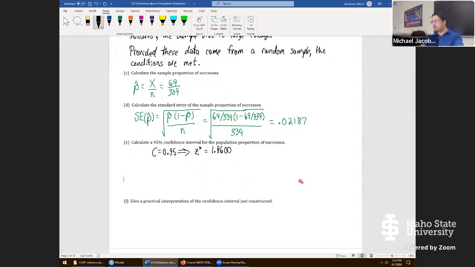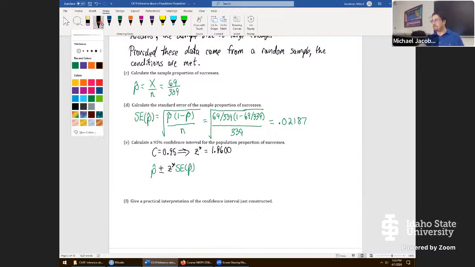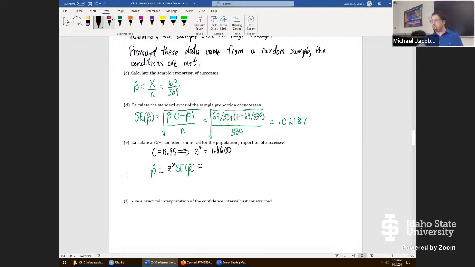So now the formula for the confidence interval will go P hat, add or subtract the critical number Z star multiplied by the standard error of P hat. So just about there. Now we're just doing a bunch of substitutions. For the first term, 69/339, which we're adding, subtracting to 1.9600.